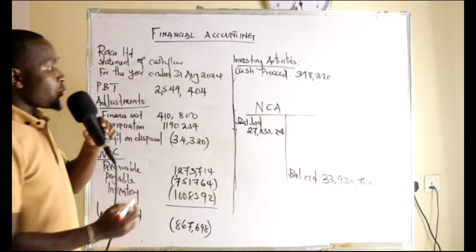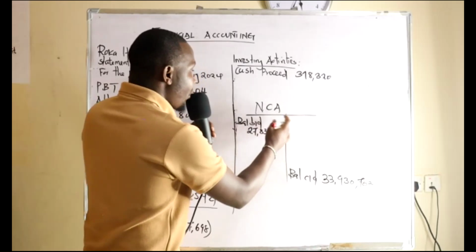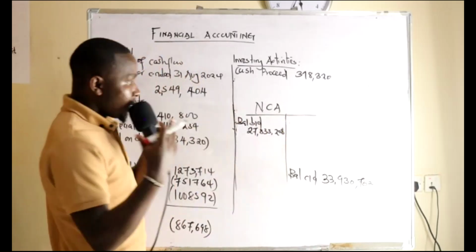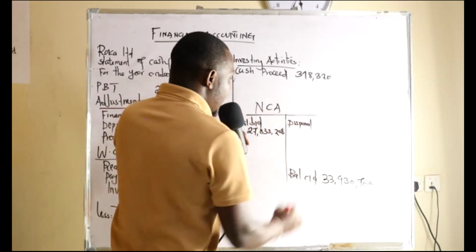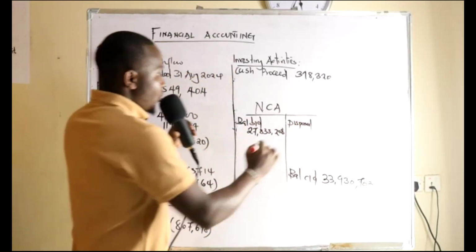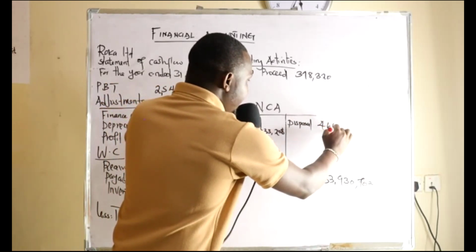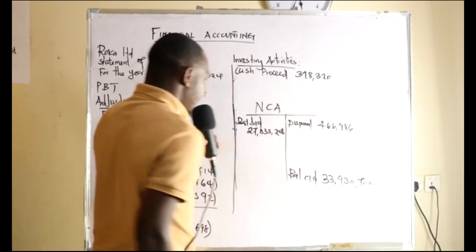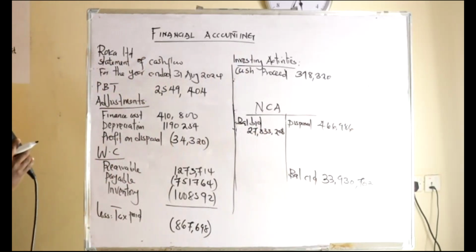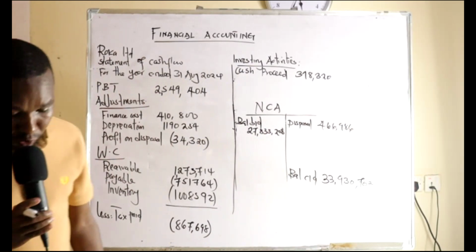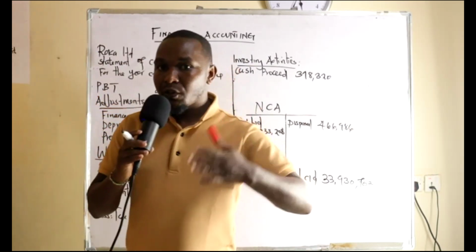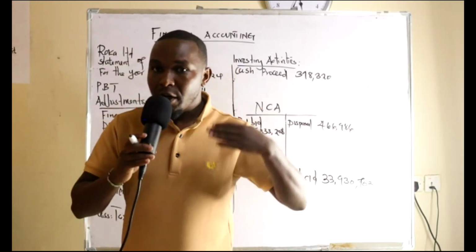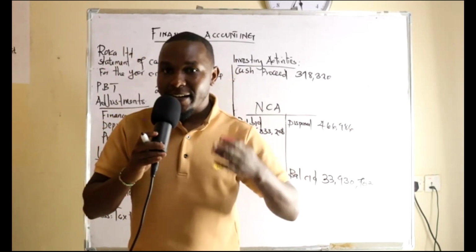So we will eliminate the one which they disposed. Come here, called disposal, but at the cost value, which I can still remember, 466,986. And then look at note 2, where we have been told the revaluation. The revaluation is part of the freehold land, which is a non-current asset.